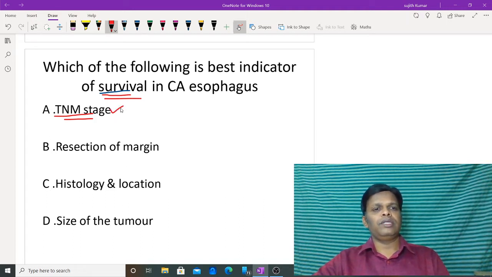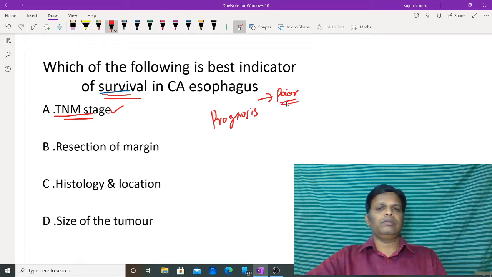I just discussed T and N. Same thing, which is the survival, that is the prognosis. The prognosis of the carcinoma of the esophagus. If you take prognosis, the carcinoma esophagus has got a poor prognosis. The reason is the presentation. Whenever they are presenting with the symptoms, most of the time the symptoms already discussed, that is dysphagia.